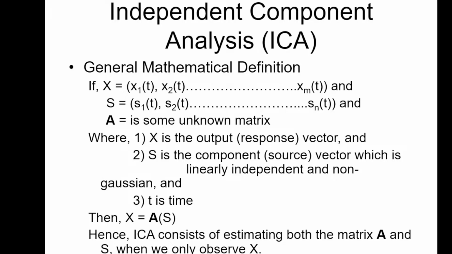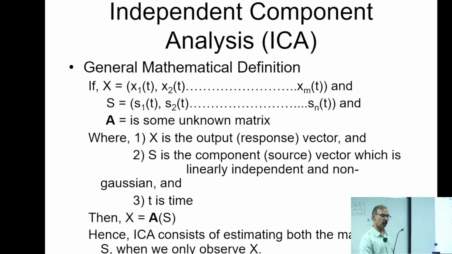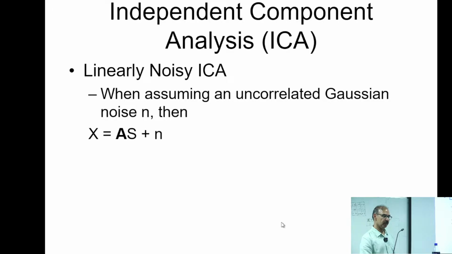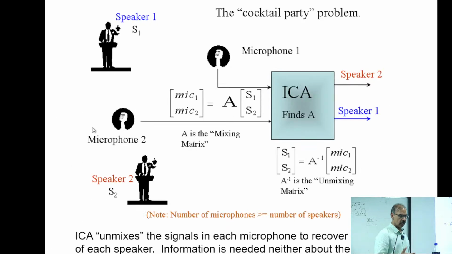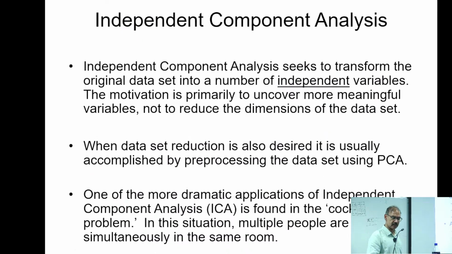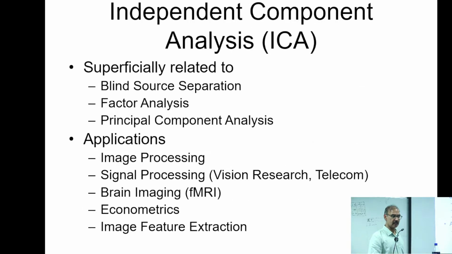For linear noisy ICA, assuming uncorrelated noise, this can be represented as X equals AS plus N. Independent component analysis is related to principal component analysis and factor analysis, and is also a blind source separation method, because we don't know the mixing matrix or the sources, we only know the observation.